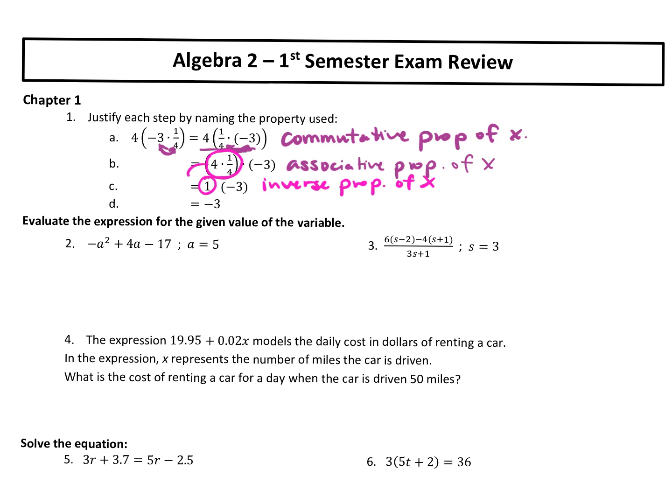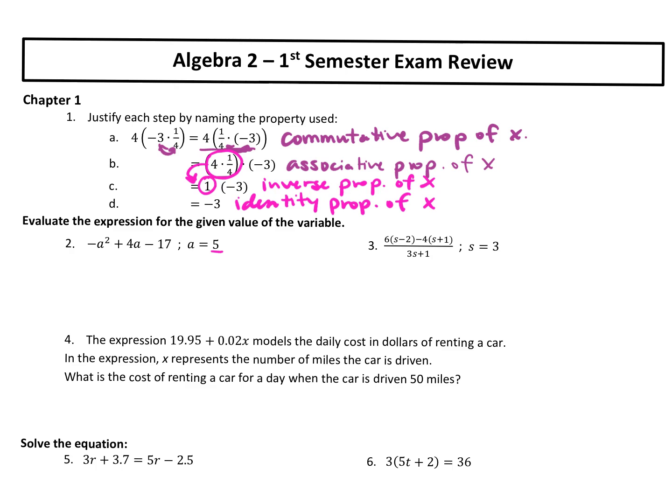So this becoming a 1 is the inverse property of multiplication. And then 1 times -3 being -3, that's the identity property, right? If you multiply something by 1, you get that same thing back, of multiplication.